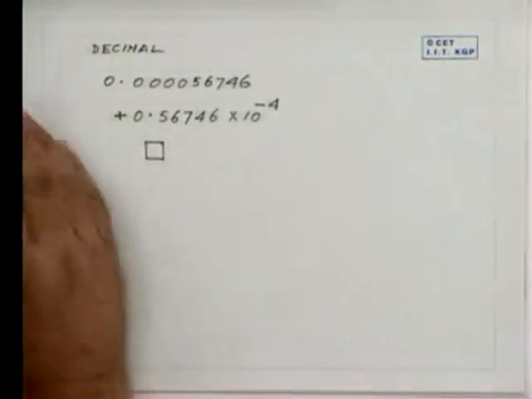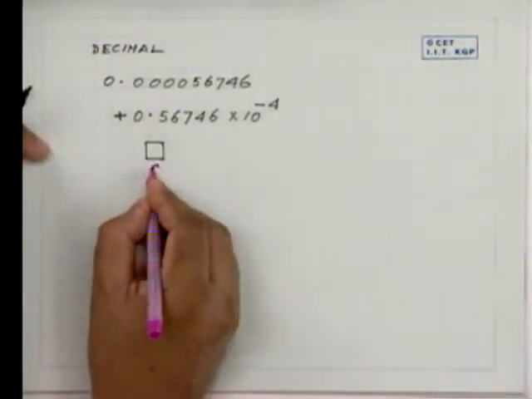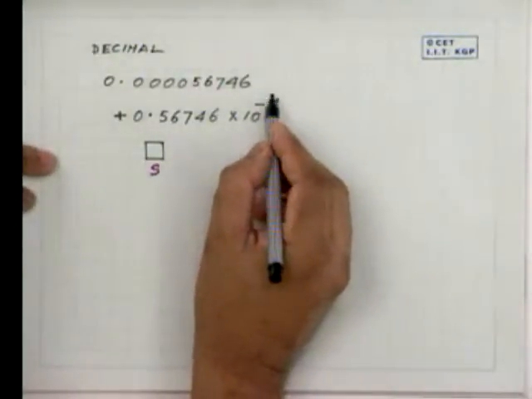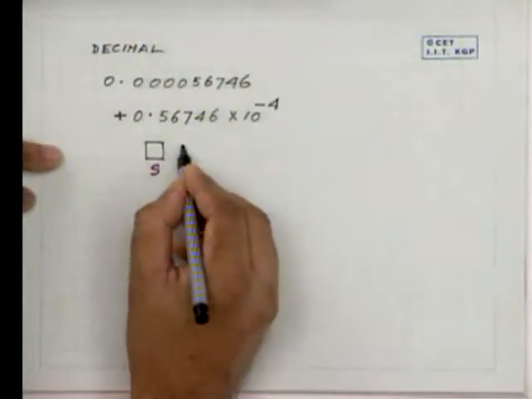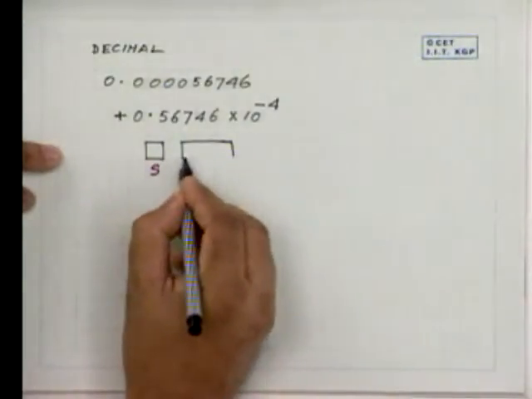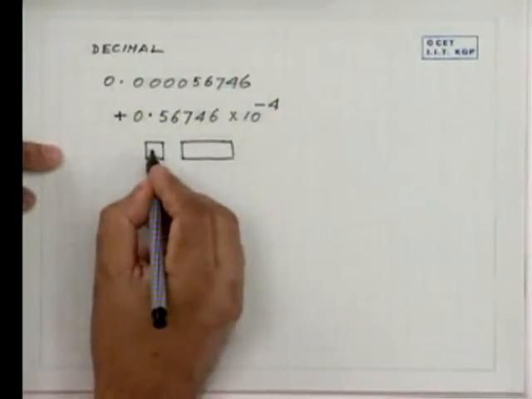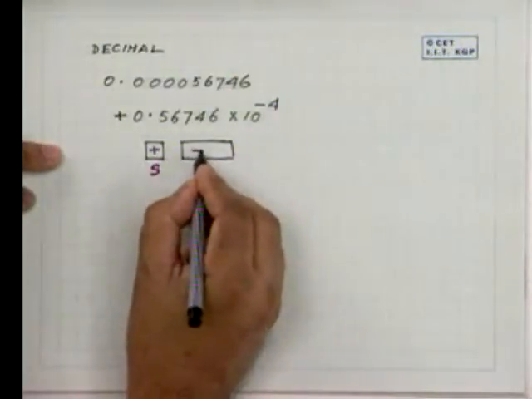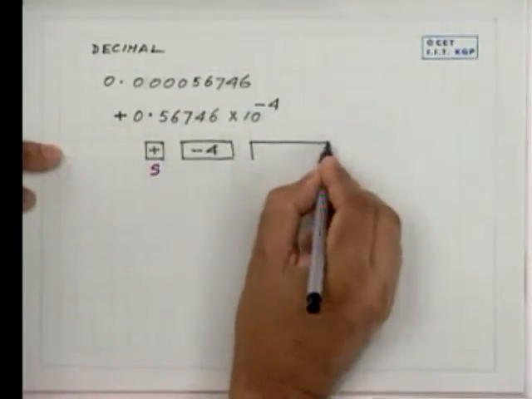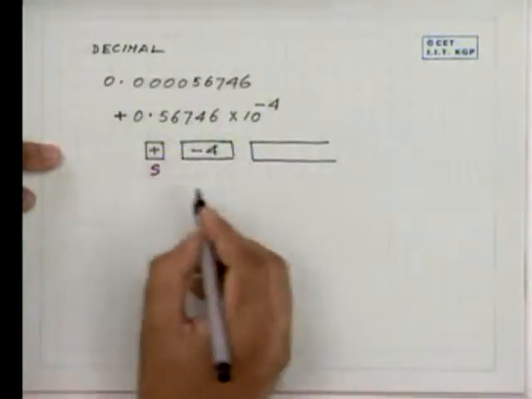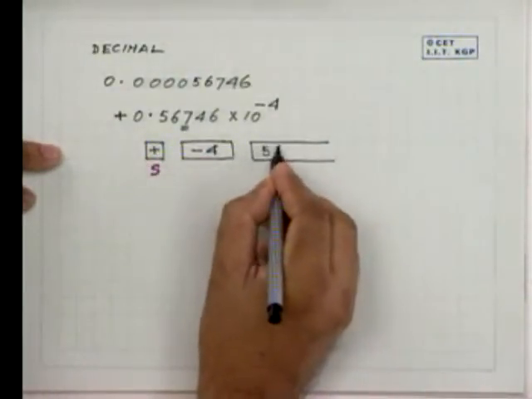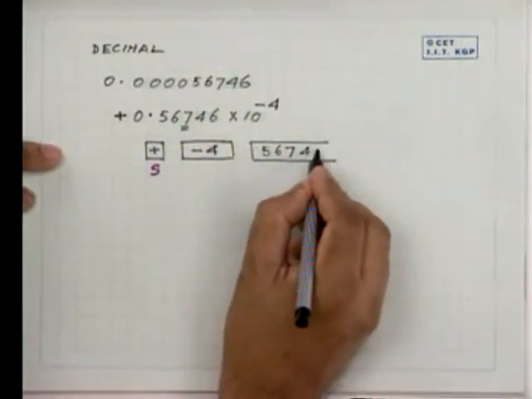Then we should keep a position for what we call an exponent, which is minus 4 here, and a few positions for what we call the mantissa or significant, say 5, 6, 7, 4, 6.